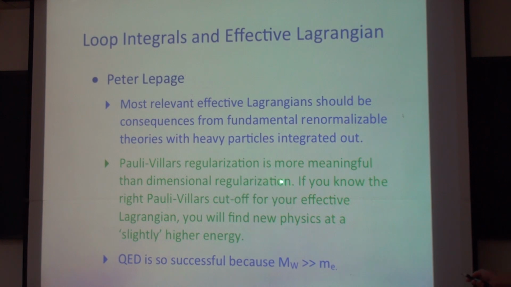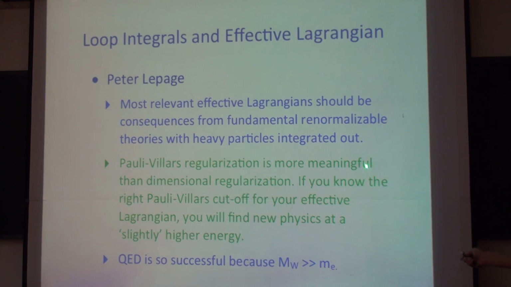However, I want to tell postdocs and students a wonderful idea that Lepage mentioned. He likes to say Pauli-Villars regularization has more physical meaning than dimensional regularization. If you know the cutoff, it's very possible you are going to find new physics soon. So if you know the cutoff for QED, whenever QED breaks down, then you know something exciting might come.